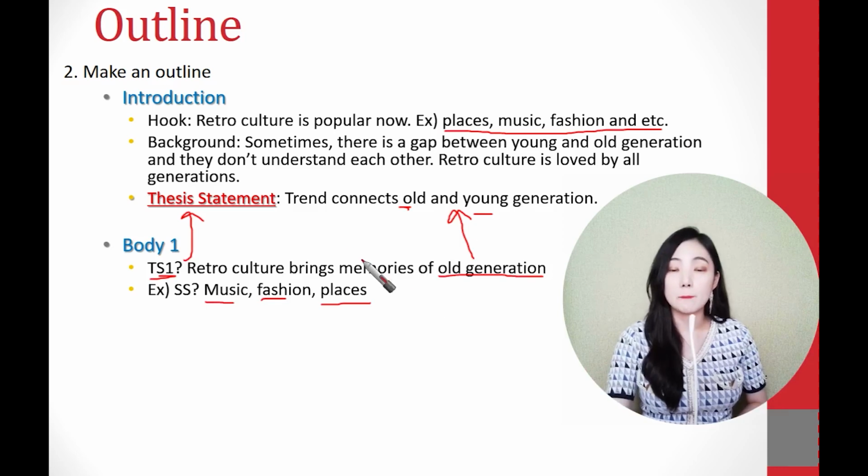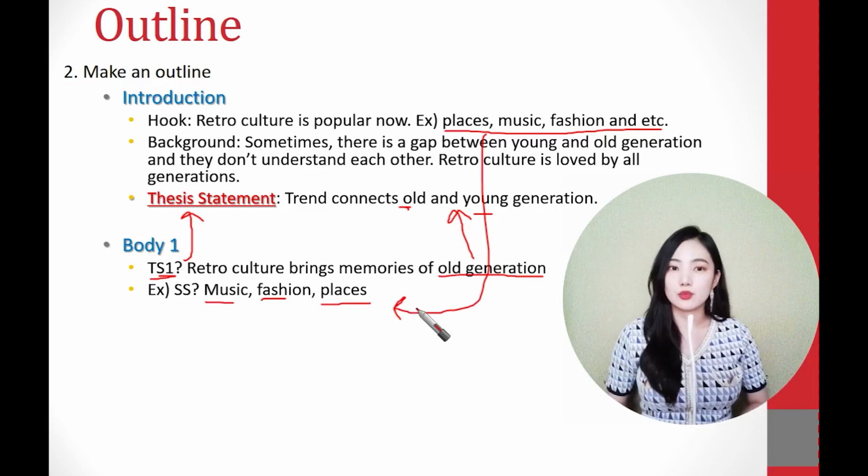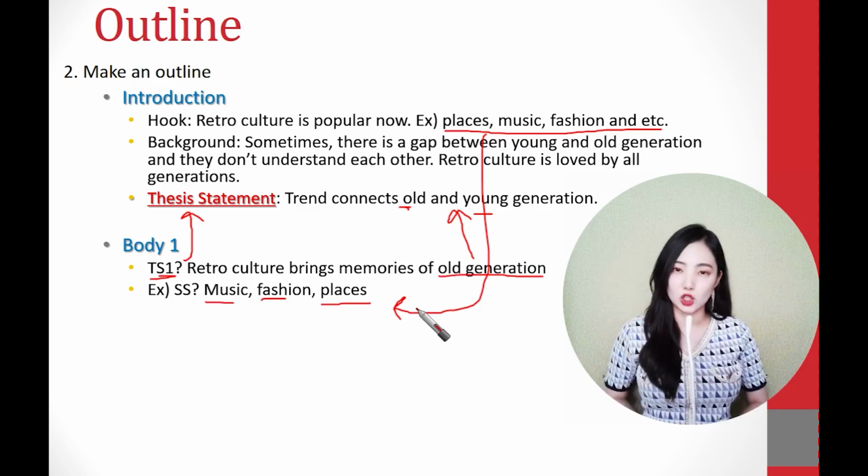But here in the body paragraph, I'm giving all the detailed examples. So remember, in the introduction, do not write specifically. In body paragraphs, especially the supporting sentences, you write very specifically, and they support your topic sentence.